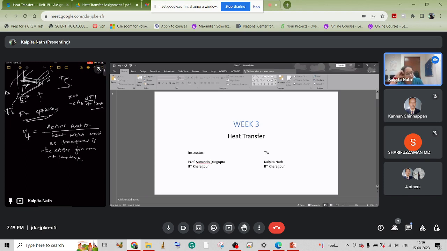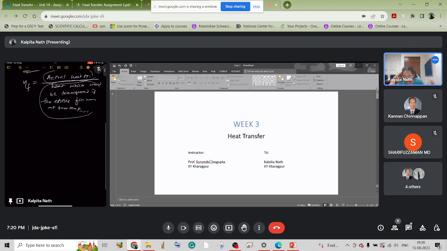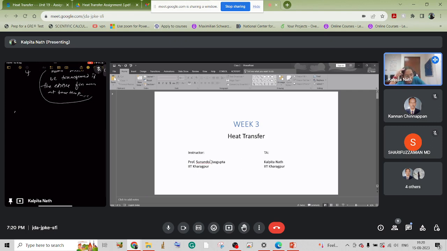If there is no decrease in temperature and the entire fin is at the base temperature, the ratio of the actual heat transferred to that heat gives us the fin efficiency. That is how efficient the fin is for extracting out the heat. If it is efficient, then only we'll be using it, right? And another is fin effectiveness.